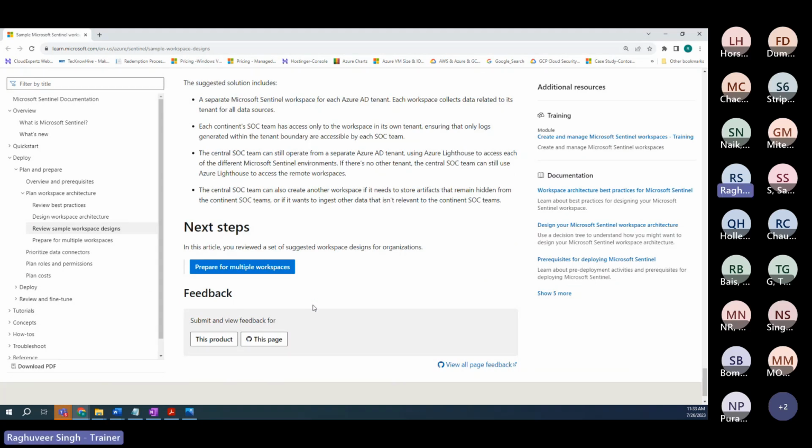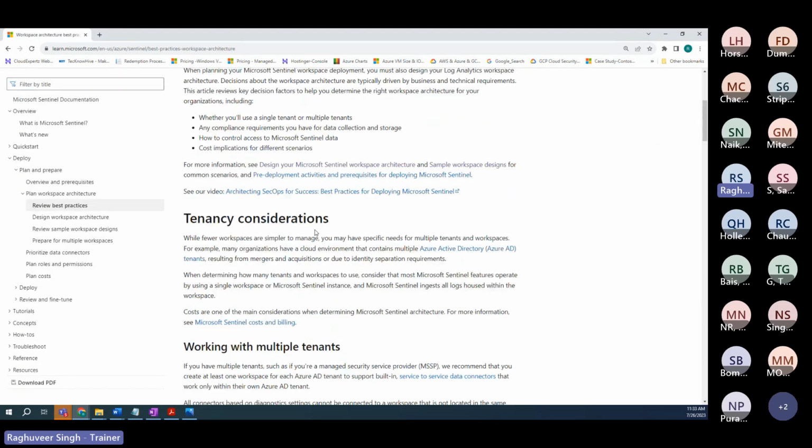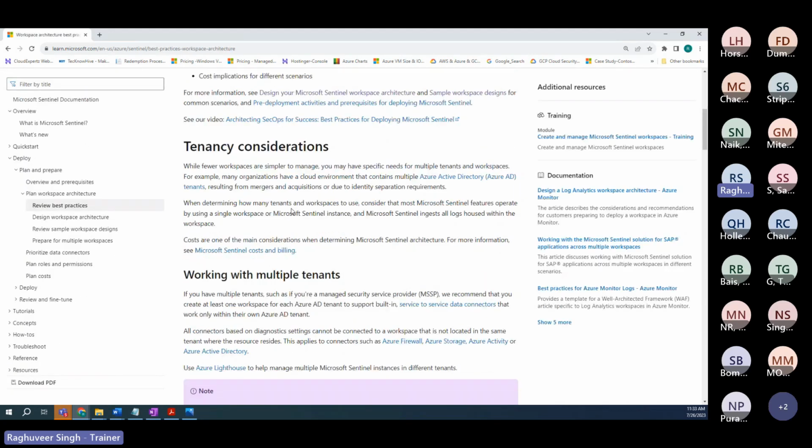Okay. So this is about architecture and design considerations, best practices. You can also see best practices here. You already know those best practices. For example, tenancy considerations. Microsoft says to try and have a single tenant architecture as much as possible.